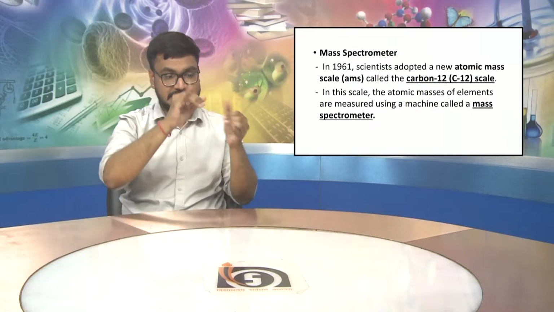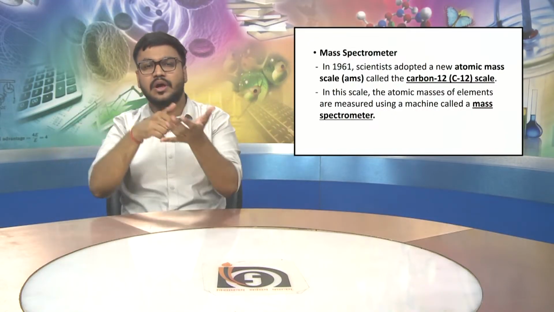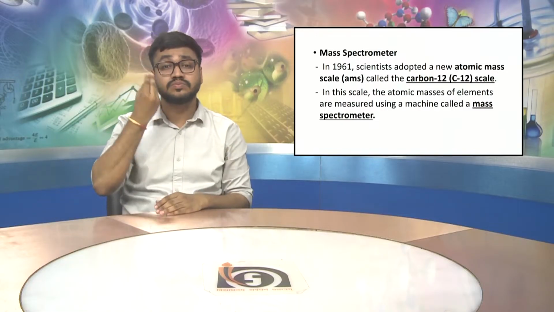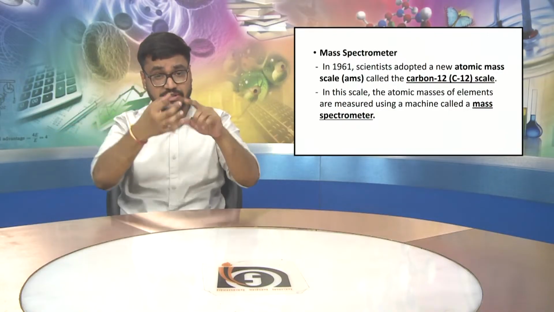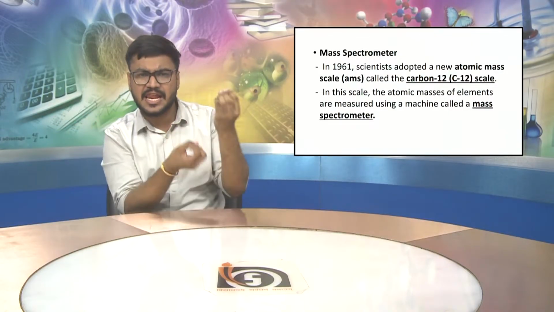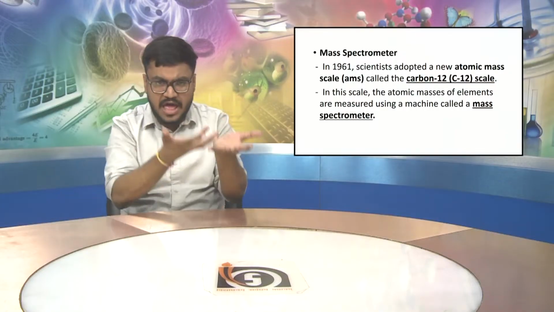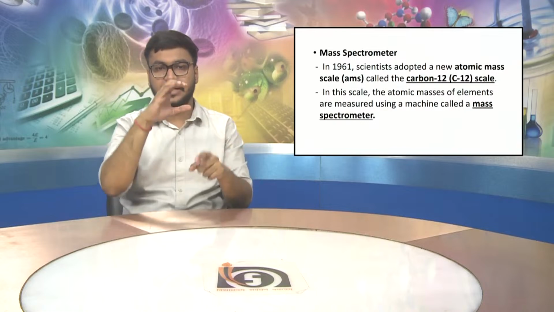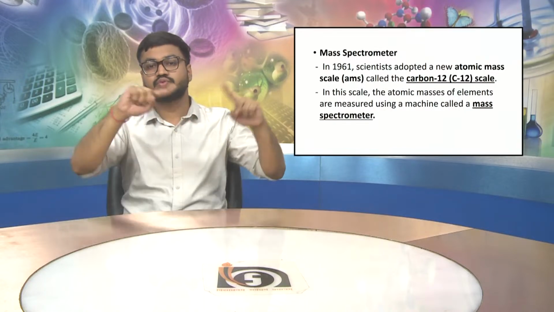Mass spectrometer. In 1961, scientists adopted a new atomic mass scale, in short AMS, which is called the carbon-12 scale or C12 scale.